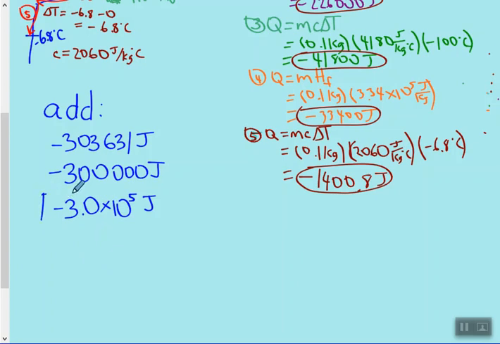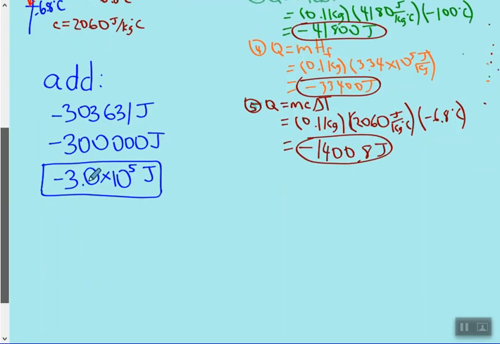Now there are two ways that we can have the correct answer for this. So we asked how much heat was lost. The negative shows us that heat was lost. So this indicates that you know what was happening in your question by having that negative there. The other way is to, if you don't like dealing with those negatives, you can calculate it all with positives and get a positive answer and then recognize that heat is lost.